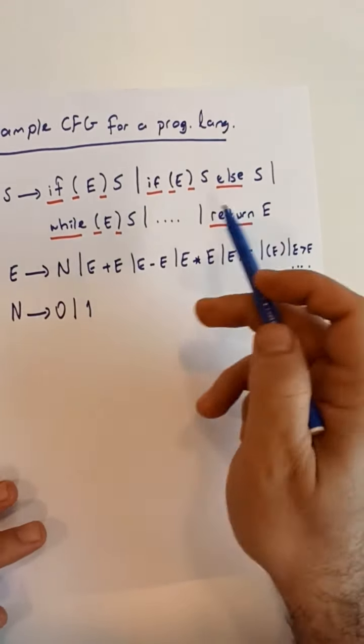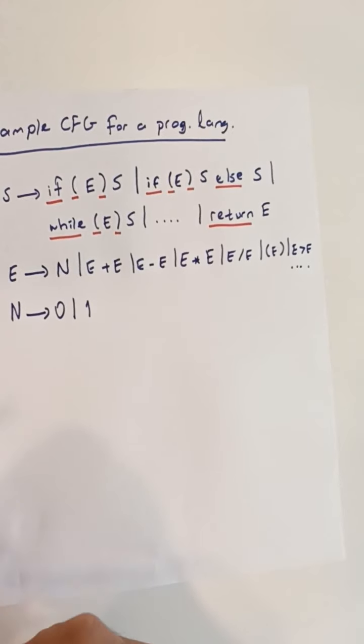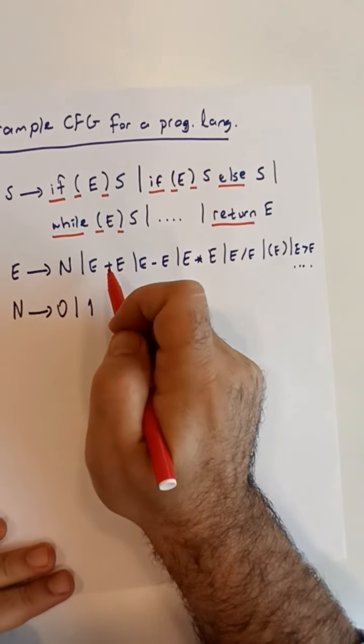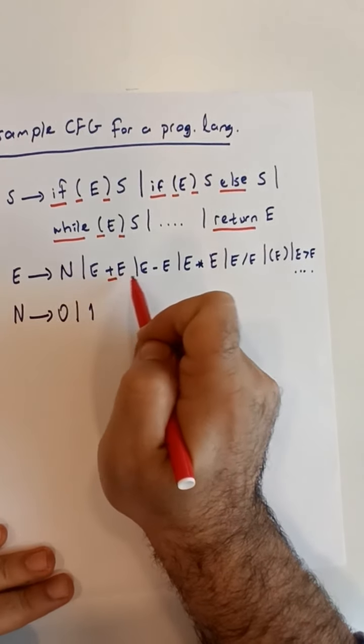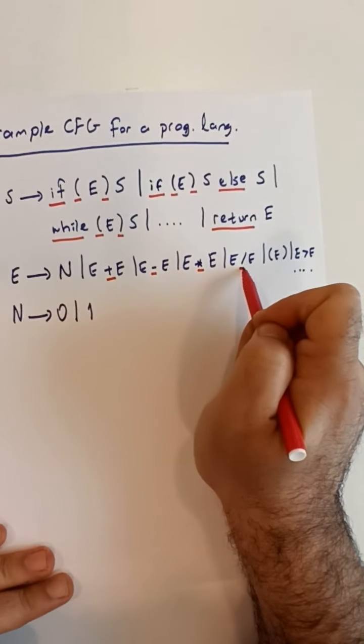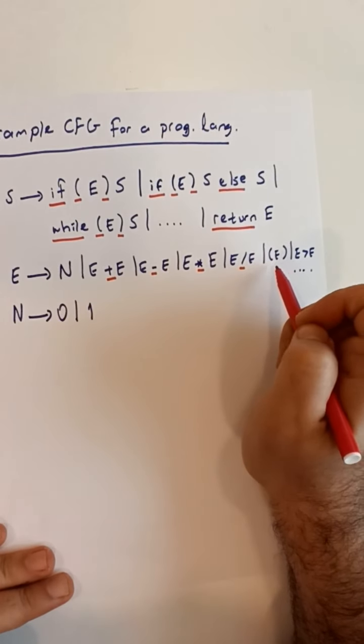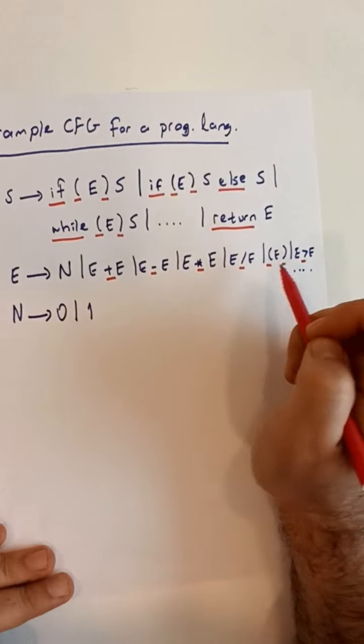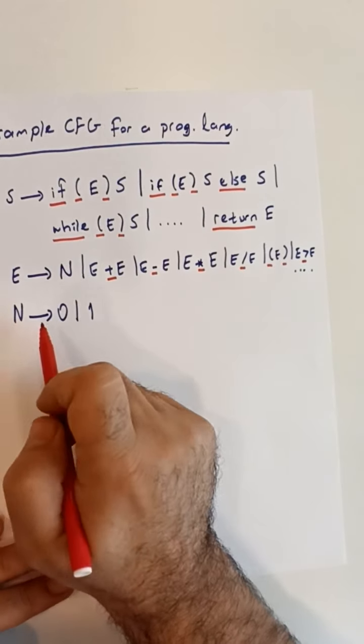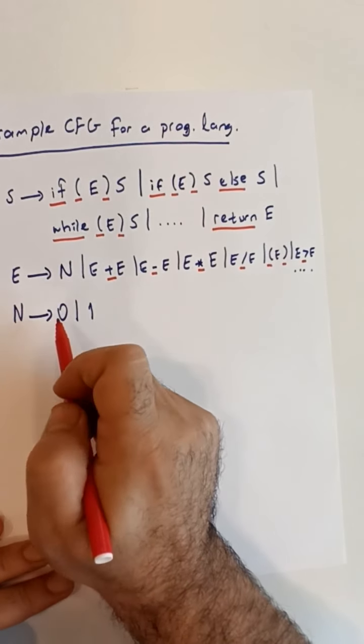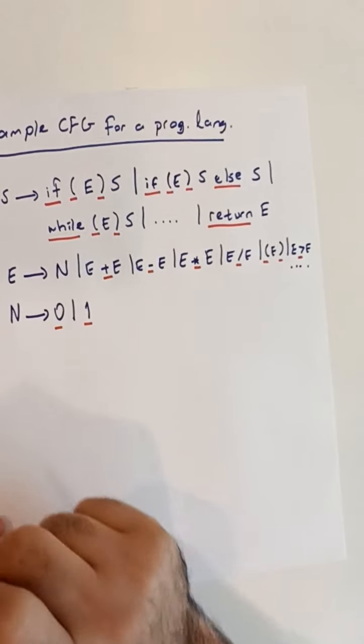A very simple grammar for a hypothetical programming language. Again, in this case, our terminals are all these operators: plus, minus, multiplication, parenthesis, comparison operator, and so on. For the number variable, our terminals are zeros and ones.